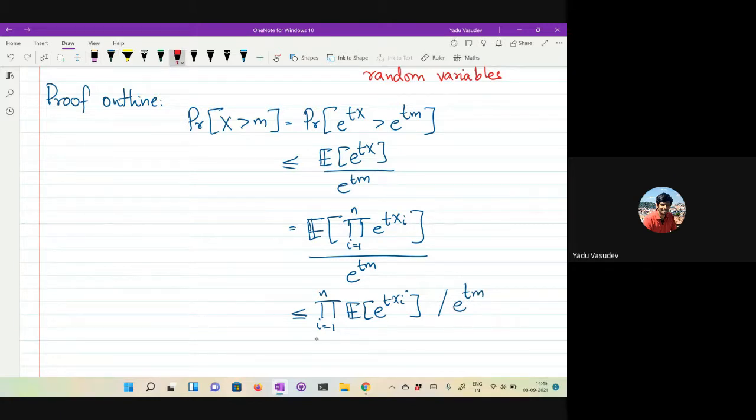So this is the inequality due to negative association.